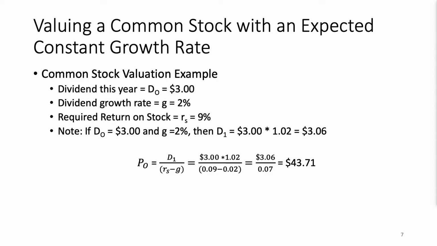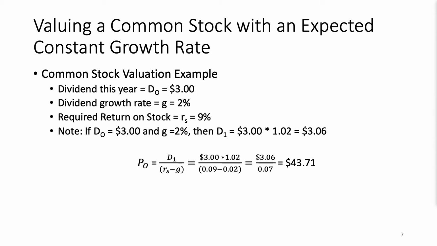And that's the model. P0, which is the price of the stock now, equals D1. Notice it's not D0, it's next year's dividend, a year ahead of the price we're solving for, divided by Rs minus g. So up in the numerator, I took $3, this year's dividend, times 1.02. Think of that as D1.